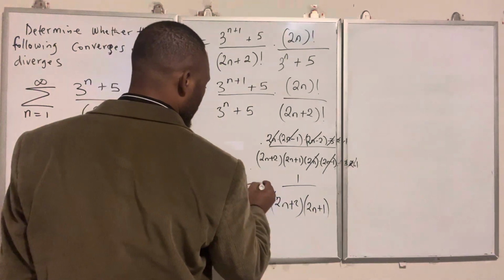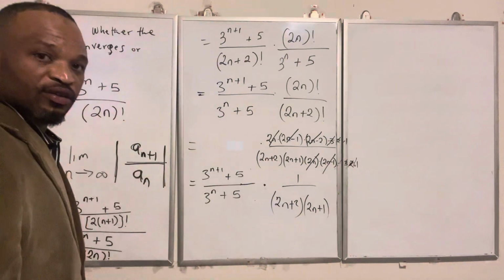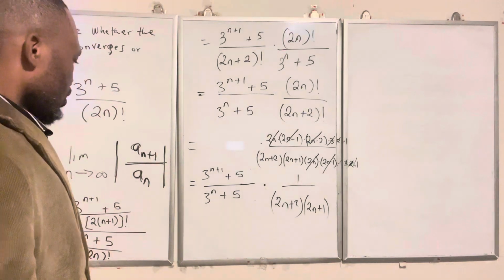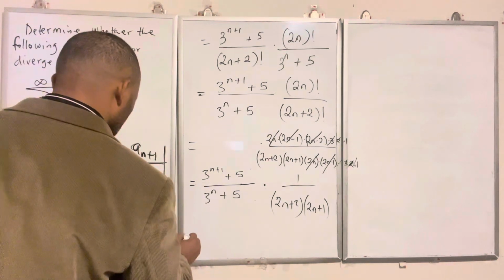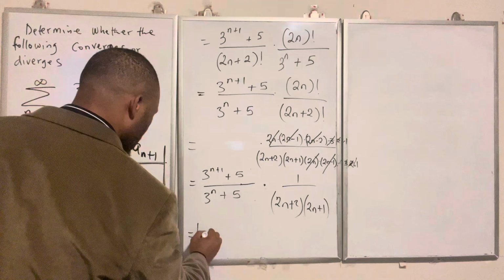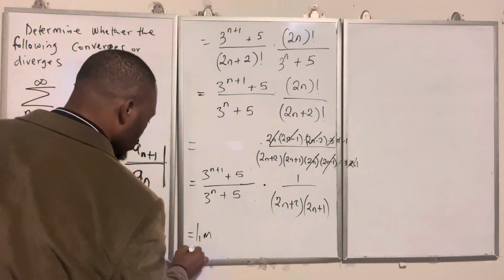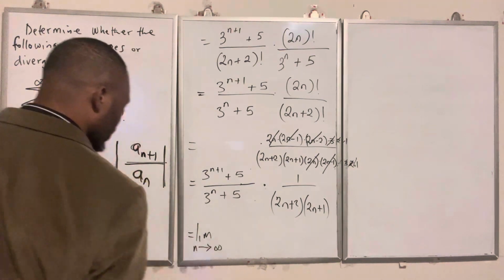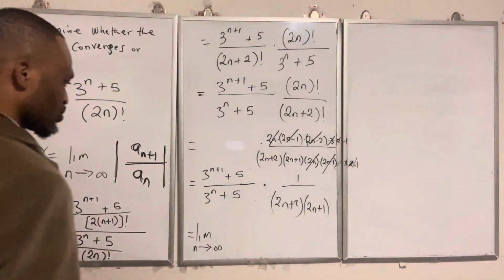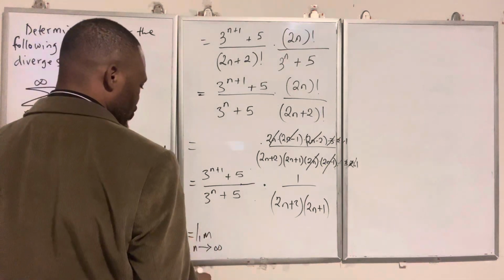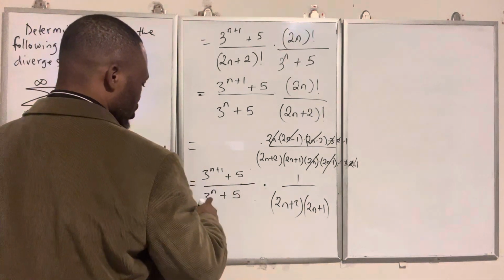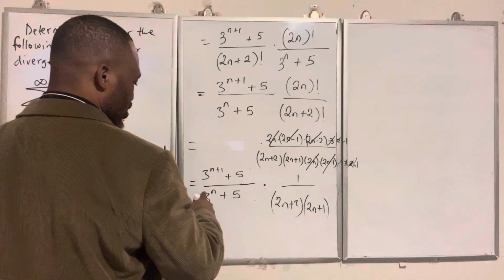Okay, so this is what we have. Now the next thing is to take limits as n goes to infinity. Looking at this expression, what is the lowest power here?